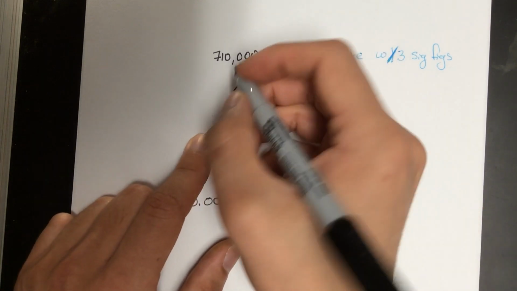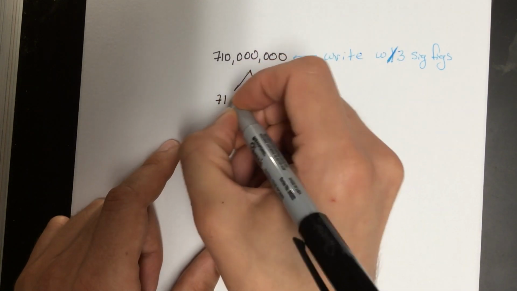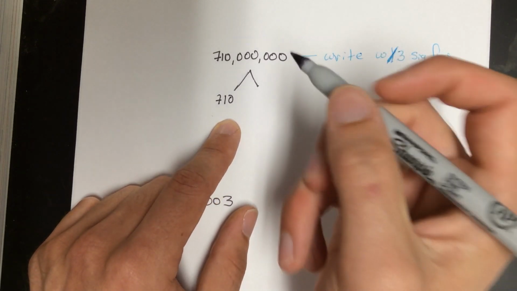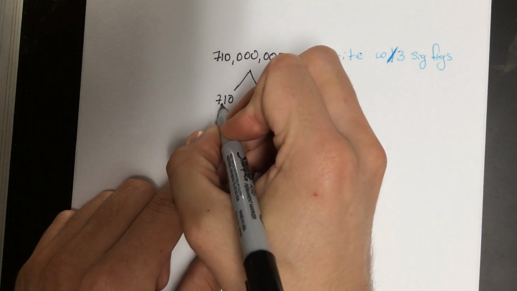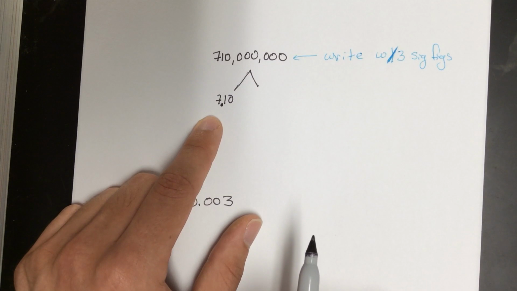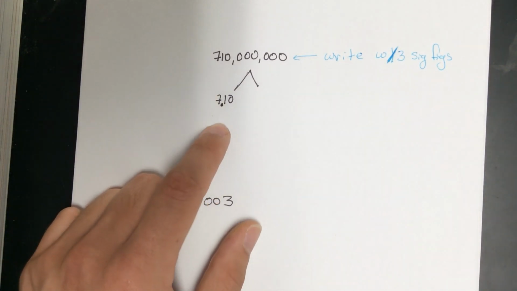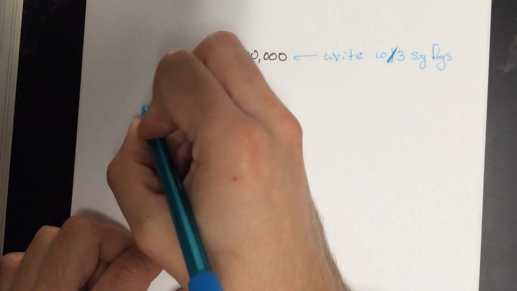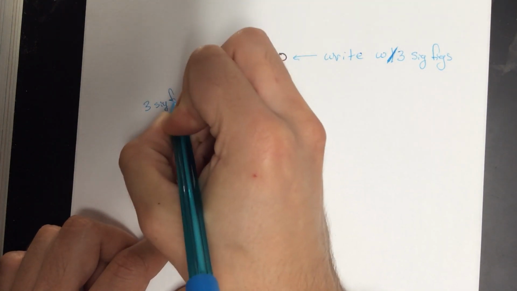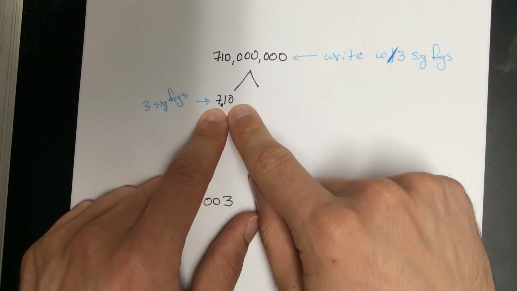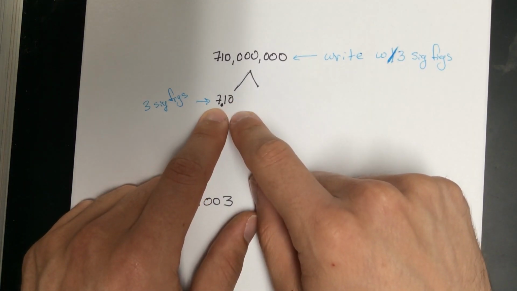So I'm going to factor out the 7, the 10, and the first 0 because I want that first 0 to be significant. And when I factor them out as a number between 1 and 10, in this case 7.10, now I suddenly have a number that has those 3 sig figs that I was required to write with. Because now this 0 is to the right of the number and to the right of the decimal.